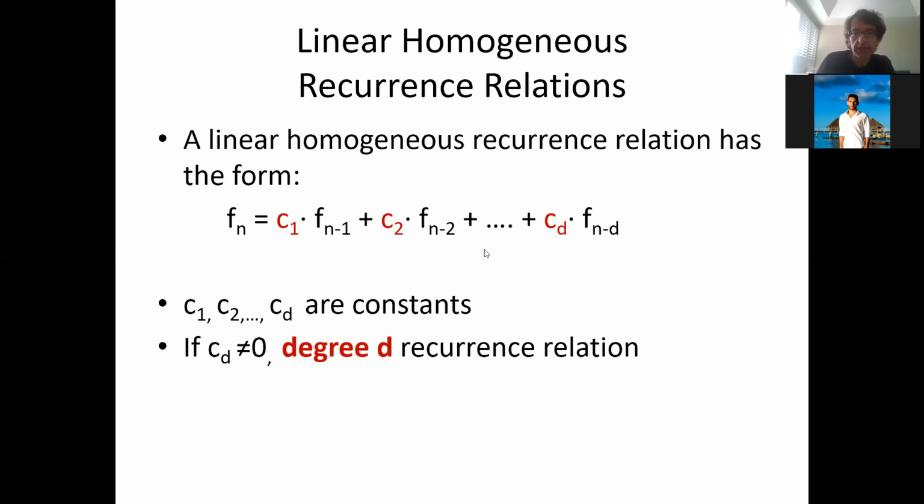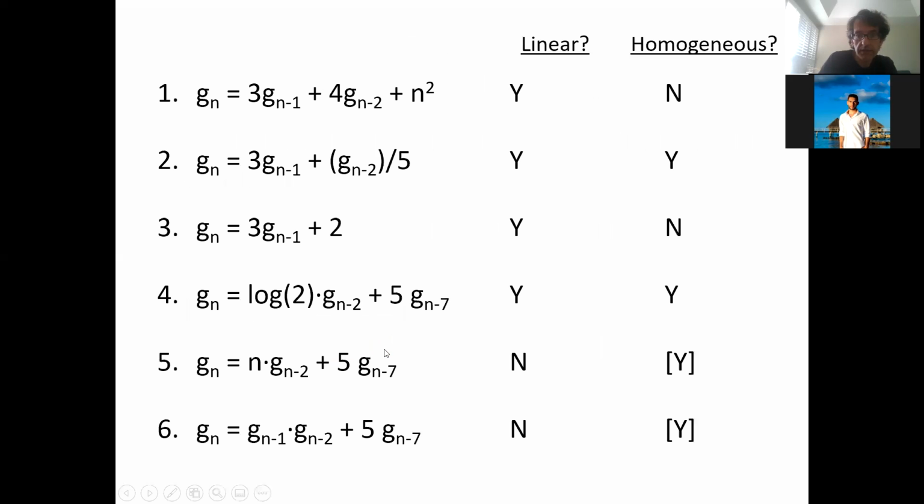The number of previous terms that you take is called the degree of the recurrence relation. So a geometric sequence is degree 1, Fibonacci is degree 2, and here we have degree d. And if some of the previous coefficients are 0, that's still degree d. So this relation here is a degree 7 recurrence relation.